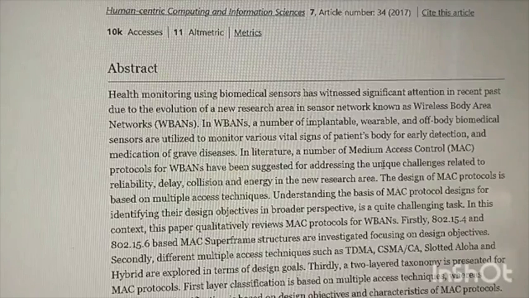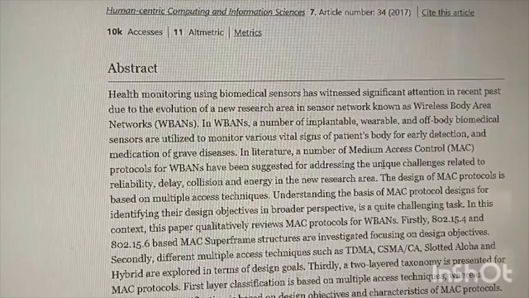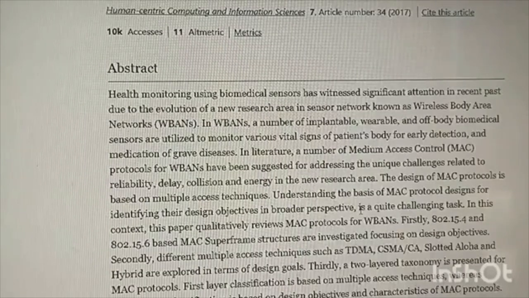In WBANs, a number of implantable, wearable, and off-body biomedical sensors are utilized to monitor various vital signs of a patient's body for early detection and medication of grave diseases. In literature, a number of medium access control protocols for WBANs have been suggested for addressing the unique challenges related to reliability, delay, collision, and energy in the new research area.